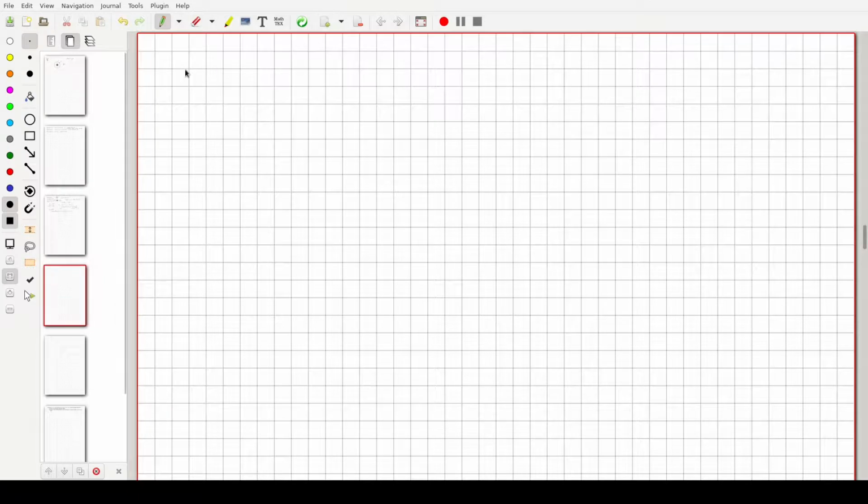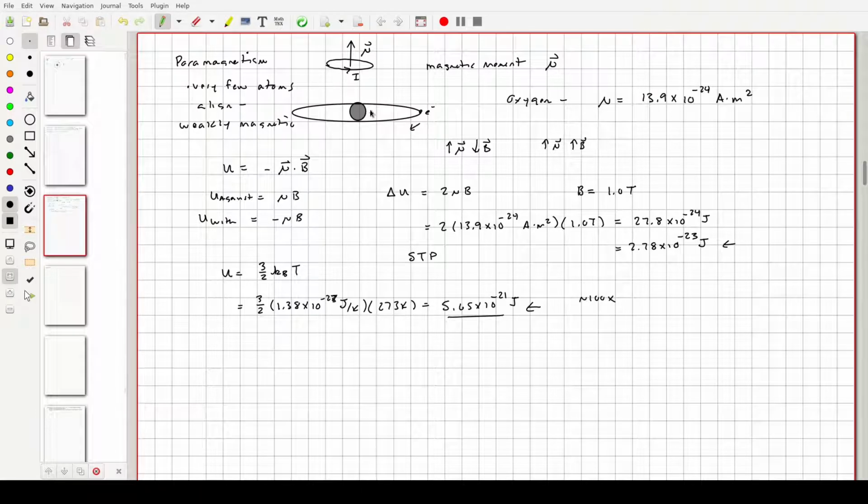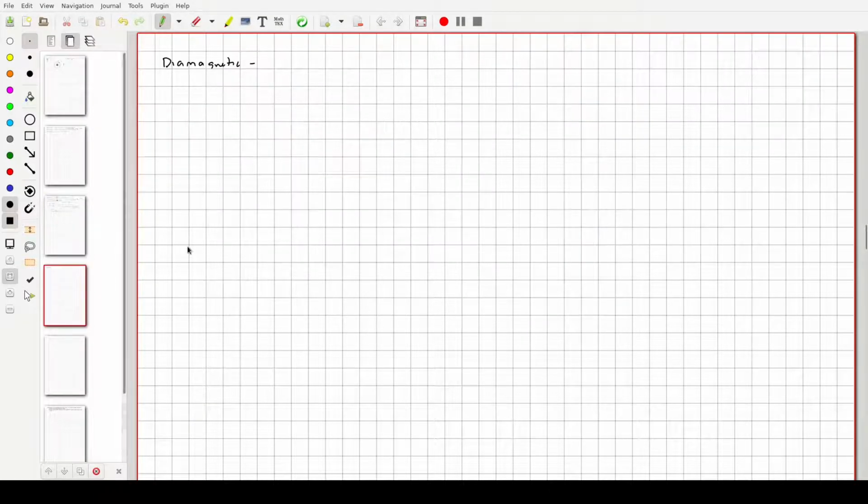Now, the next one I want to talk about would be diamagnetic materials. And we've actually pretty much talked about those to the degree that it really matters, because here, the reason why these things are diamagnetic is because if you look again at the orientation of the electrons that are doing their orbiting and spinning, they sort of balance each other out to give a net magnetic moment of 0.